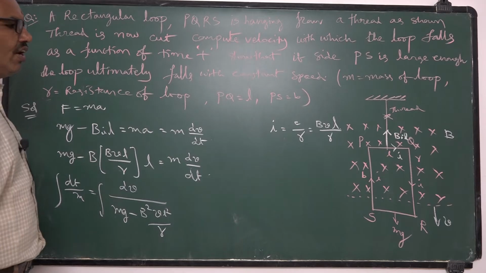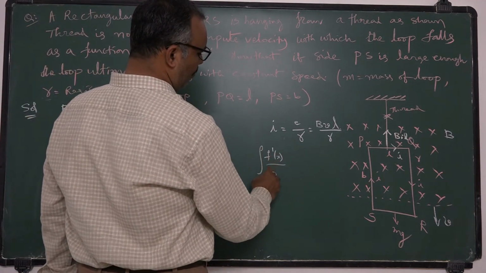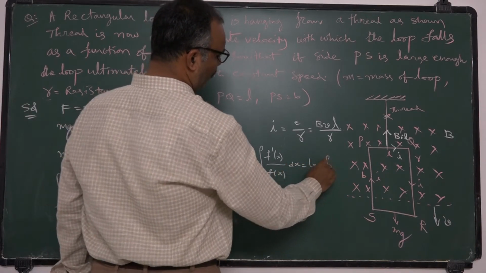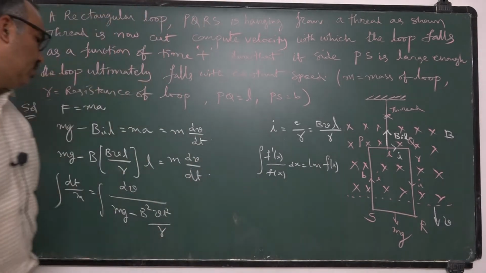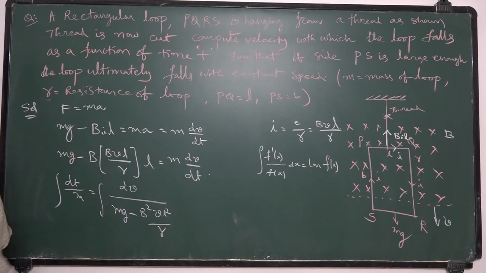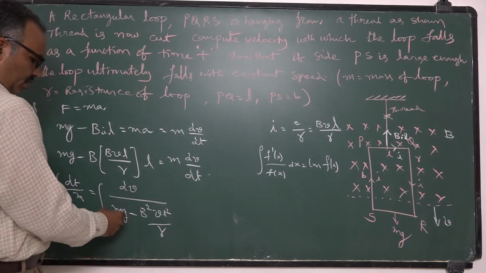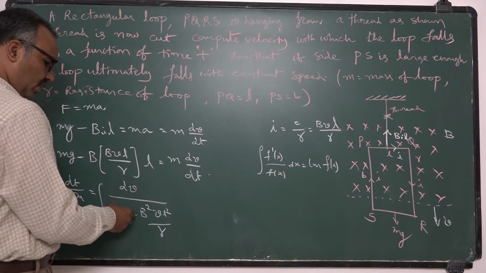In integration we have a formula: integral of f dash x by f of x dx is equal to ln of f of x. In order to apply that formula here, the numerator should be the derivative of the denominator. The derivative of the denominator is, for mg, constant, derivative is 0.